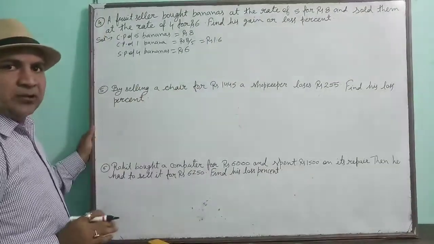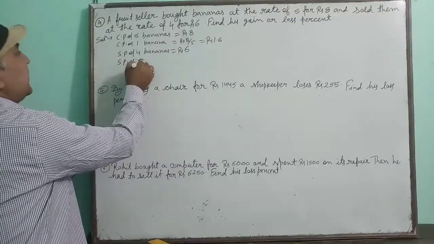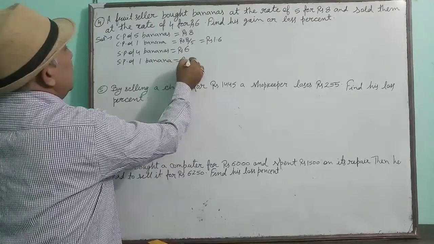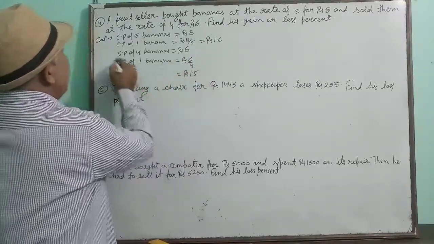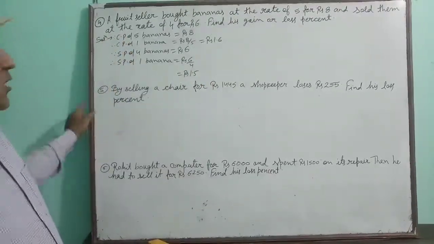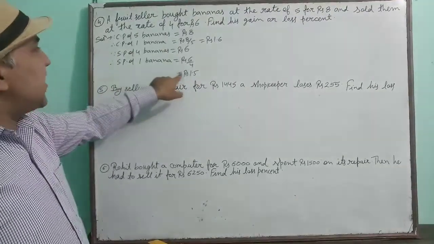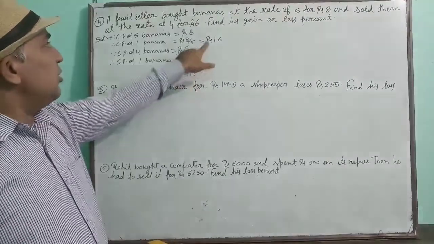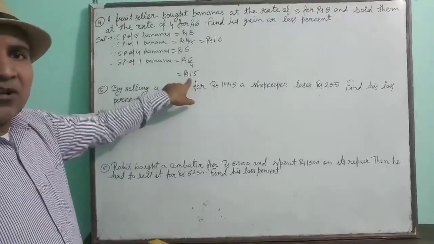Okay, I am converting into decimal. Now see this one. Selling price of 1 banana will be rupees 6 by 4, means 1.5. Understood? Cost price of 1 is rupees 1.6, selling price of 1 is rupees 1.5. Here you can see that the cost price of 1 is greater than the selling price of 1.